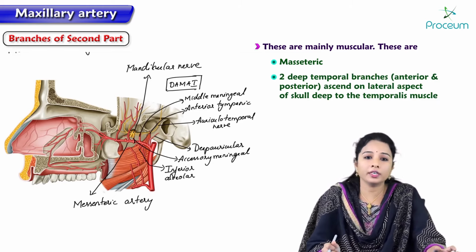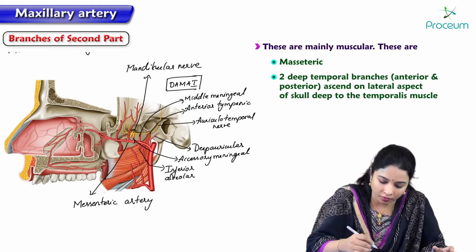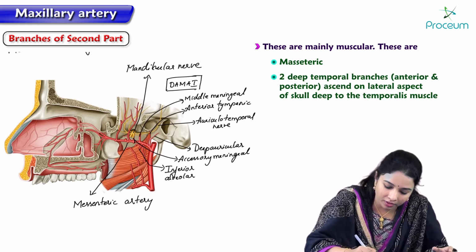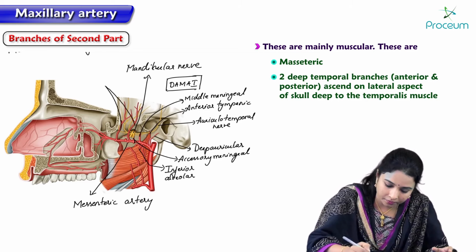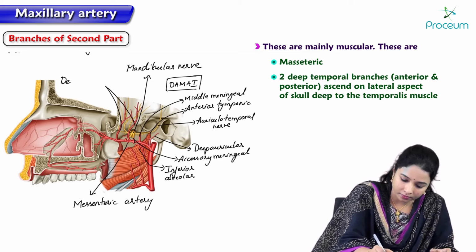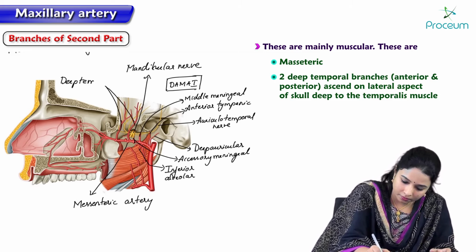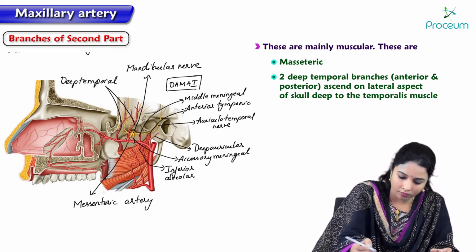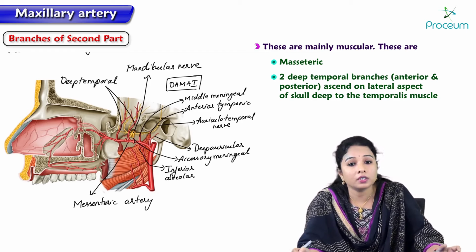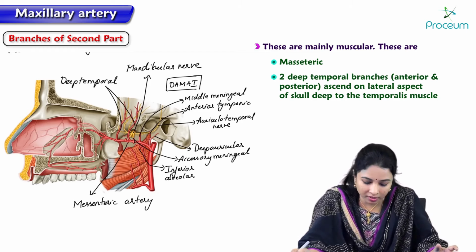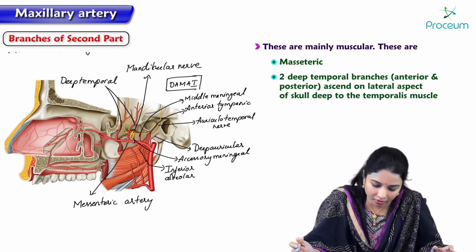Then two deep temporal arteries. We can see two arteries running upwards called deep temporal. And also to the pterygoid muscles we can see the branches to the lateral and medial pterygoid as well.